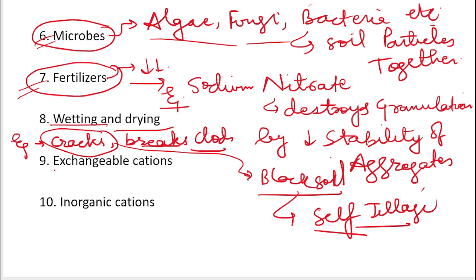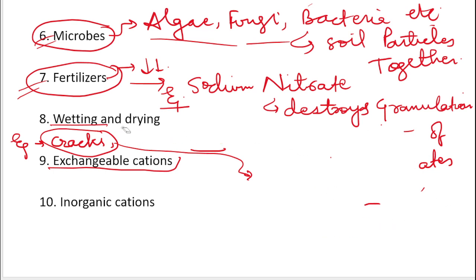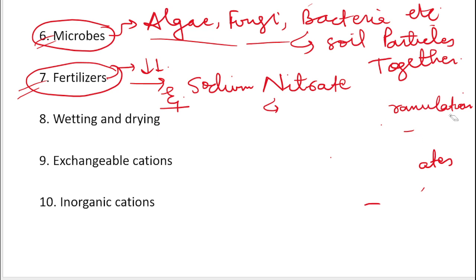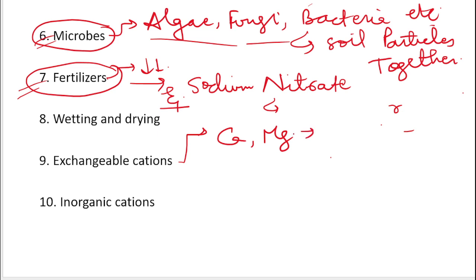Exchangeable cations have very much impact on soil structure. Exchangeable cations have profound effects, such as calcium and magnesium, through flocculation, lead to good structure.